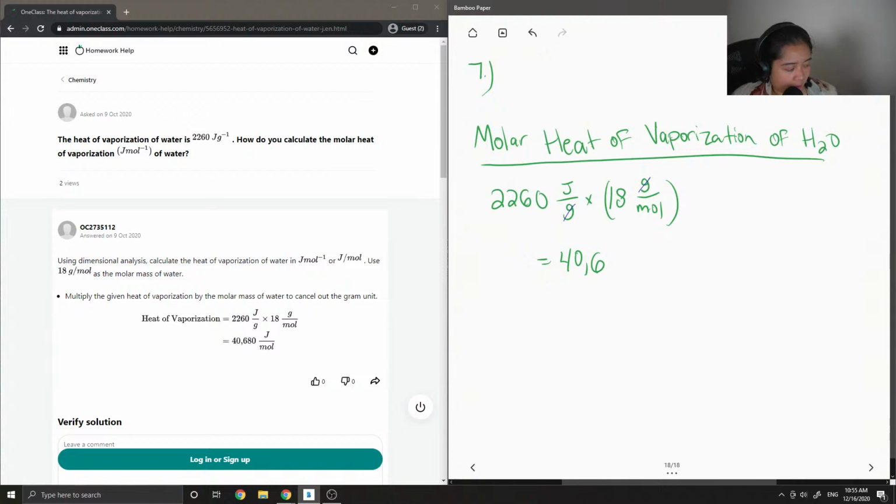And it is 40,680 joules per mole. And we can convert this to kilojoules per mole just by dividing by 1,000, and you get 40.68 kilojoules per mole.